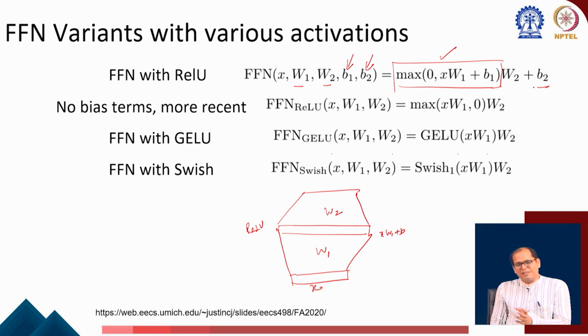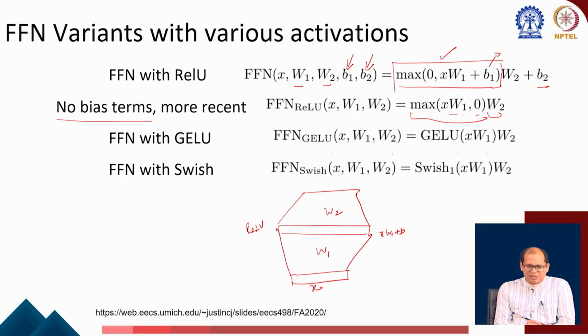Now from the T5 architecture, people found that these biases are not important. It's better if you remove the biases, it trains better. So this version has been very popular, where you don't use the bias terms. It's more recent. You remove the bias term, that's easy: you have max of x W1 and 0, this is the ReLU, and then you multiply with W2. That is the FFN without the bias terms.